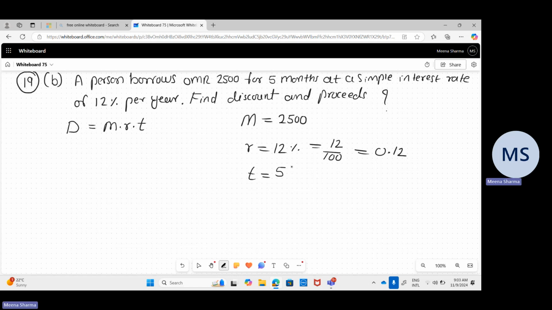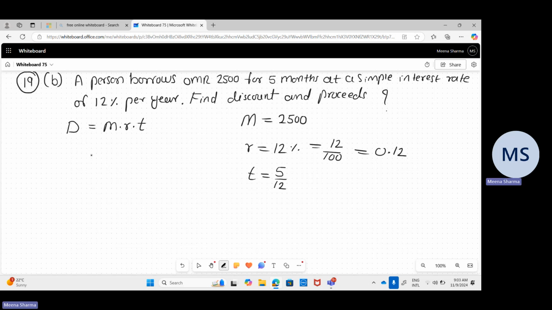It is actually given in months. To make it yearly, because in 1 year we have 12 months, we divide 5 by 12. So time equal to 5 upon 12 yearly.